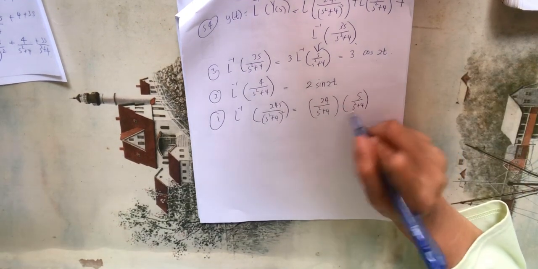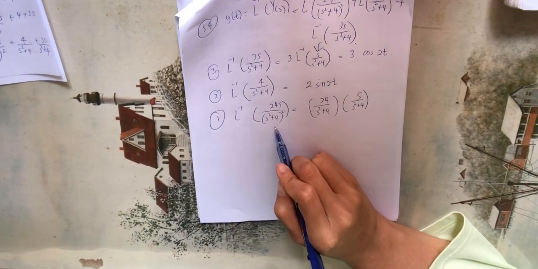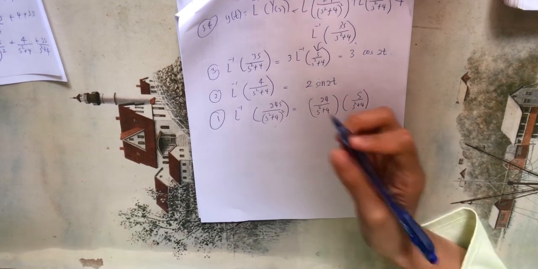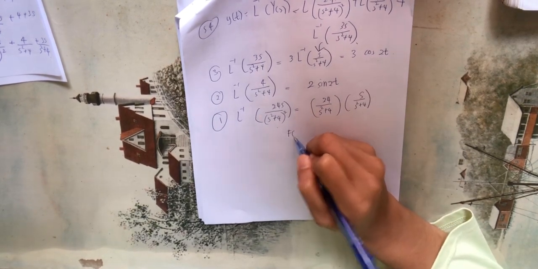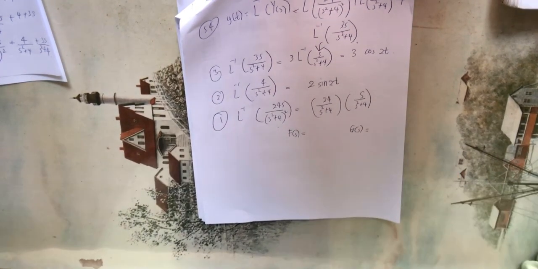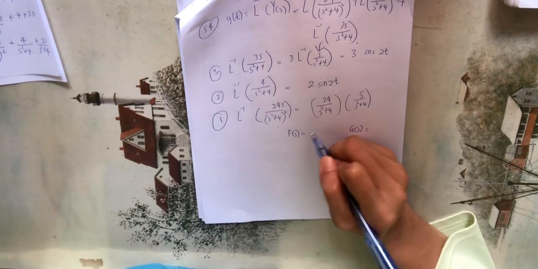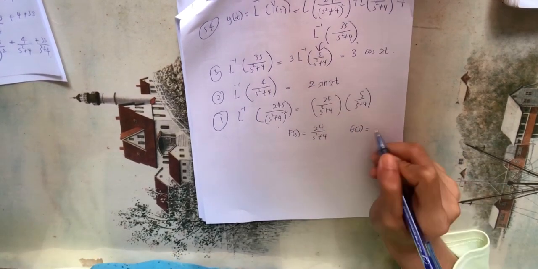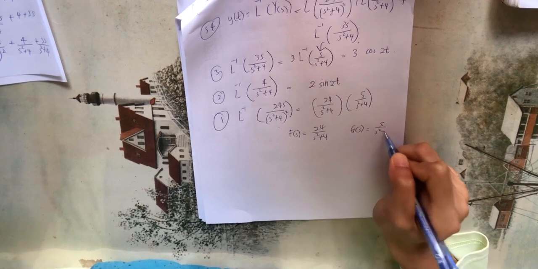When you multiply these two, you get back the original one. You can choose either one as your Fs and as your Gs. For example, I choose Fs as 24 over s squared plus 4, and Gs as s over s squared plus 4.